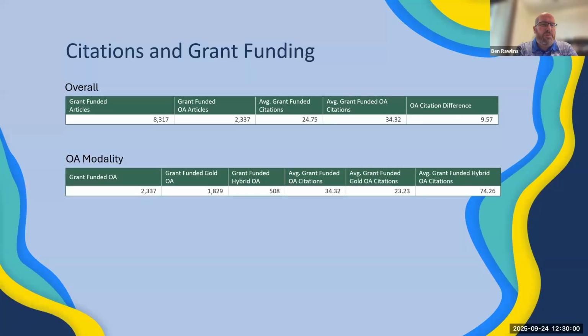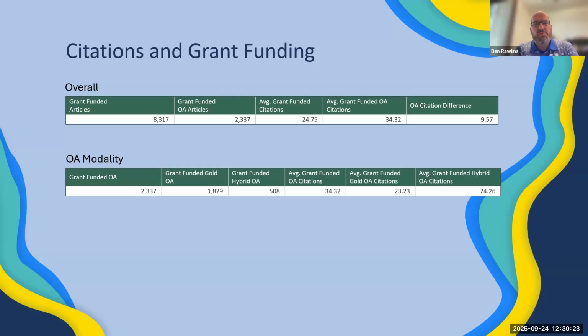Another area that we were really interested in is to see how grant funding and citations correlated. When we looked at the research outputs and grant funding, we see that about 2/3 of all UK journal articles that were published between 2018 and 2021, or just over 8,300 articles, were tied to grant funding in some way.